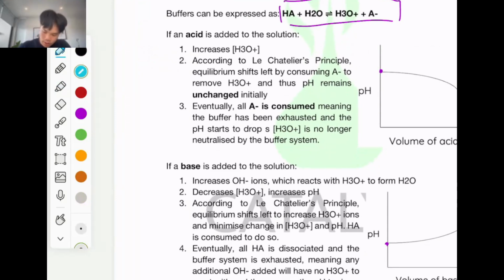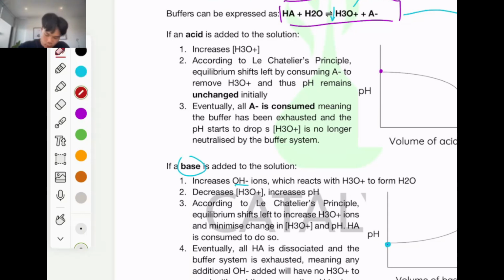This would be reflecting the bottom case here, where you start with a slightly acidic pH, assuming that the weak acid is putting a bit more H3O plus in the solution. So if you were to add a base into this buffer, so OH minus, the OH minus would react with the H3O plus to make water, decreasing H3O plus concentration.